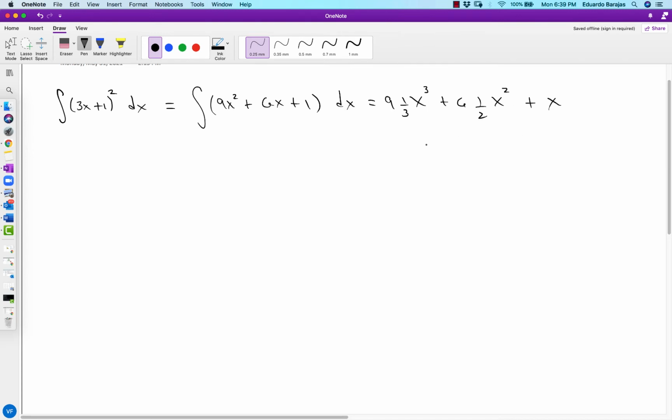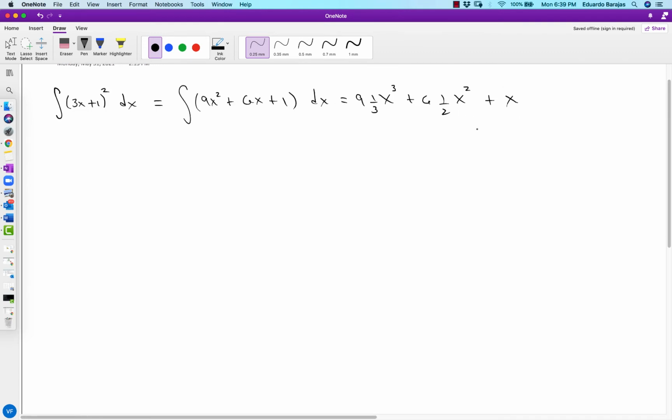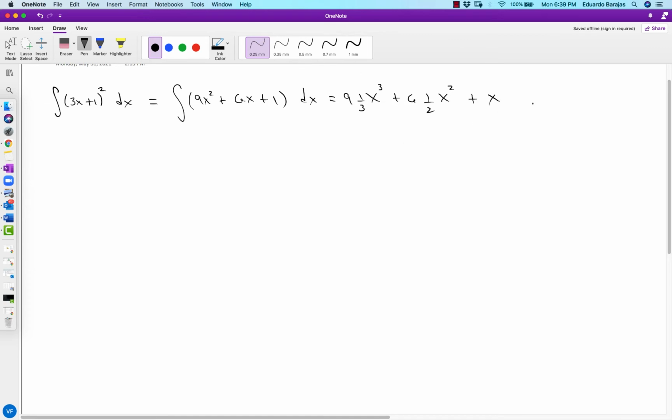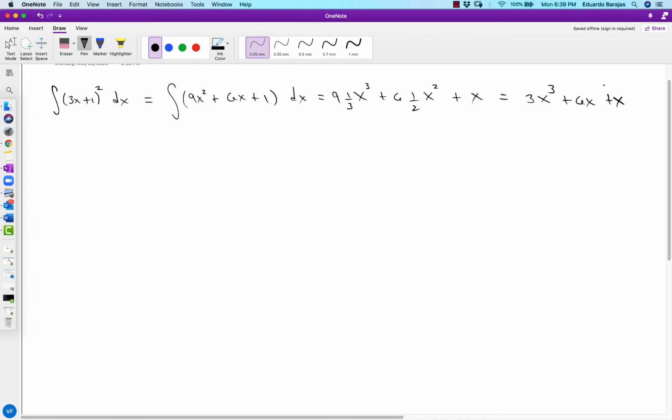Okay, so then I can simplify that just a little bit, let me zoom out a little bit, and get that this is just going to be equal to 3x cubed plus 6x plus x. And of course, if I want the most general antiderivative, we have to think about also including a plus c at the end, some constant, right? And then we can check, real quickly here, to make sure it works.